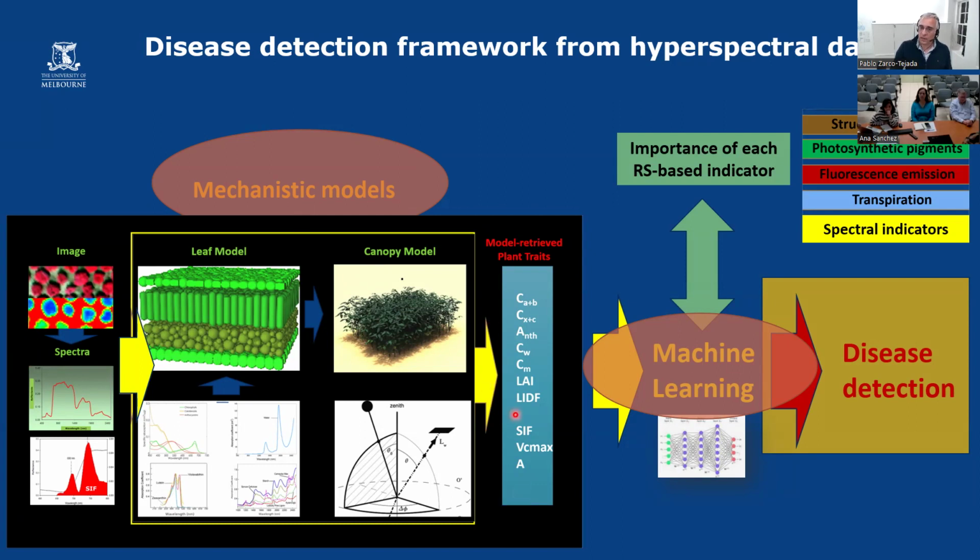Those are used as input into machine learning or deep learning models, where we evaluate the importance of each indicator. We are trying to build the machine learning models not as a black box, but to understand the importance of each of those inputs, to understand the physiological processes and the dynamics of the indicators that we use to predict, detect, or classify trees into different, for example, severity levels.